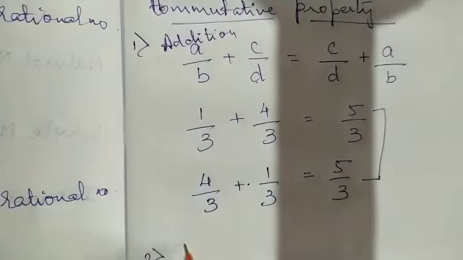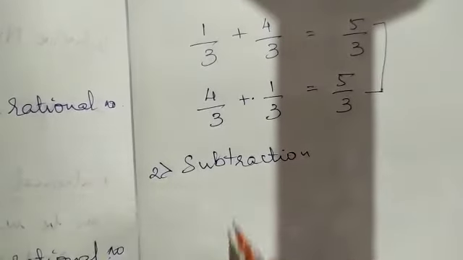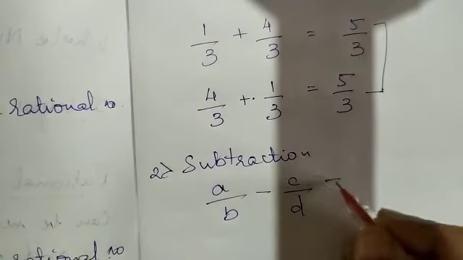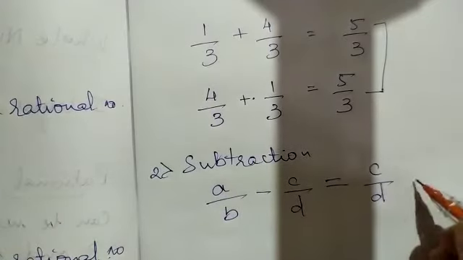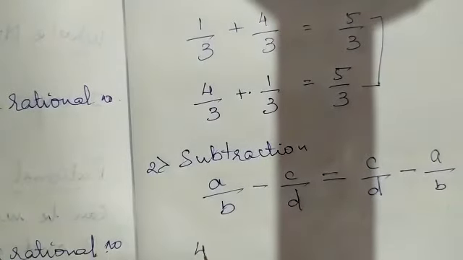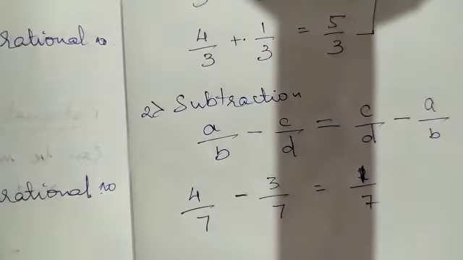So this tells that the commutative property holds good for addition. Next comes subtraction. Subtraction means a by b minus c by d must be equal to c by d minus a by b. For example, if I take 4 by 7 minus 3 by 7, I will get 1 by 7.